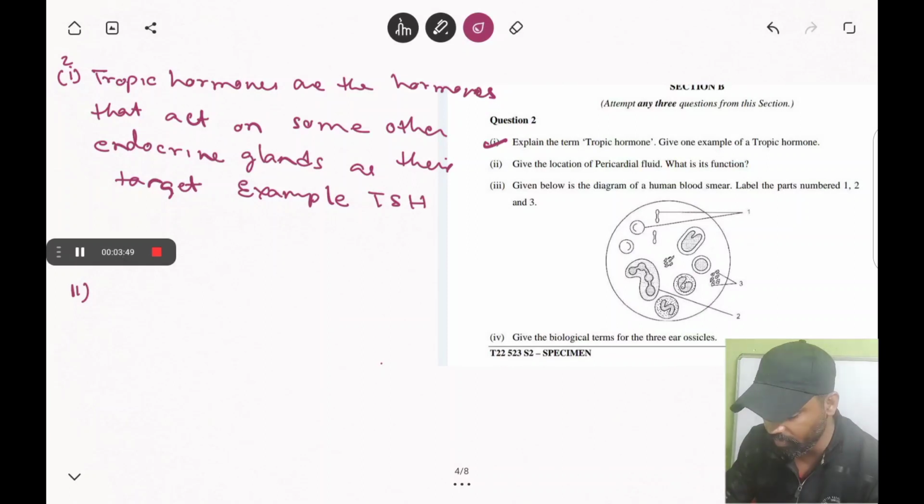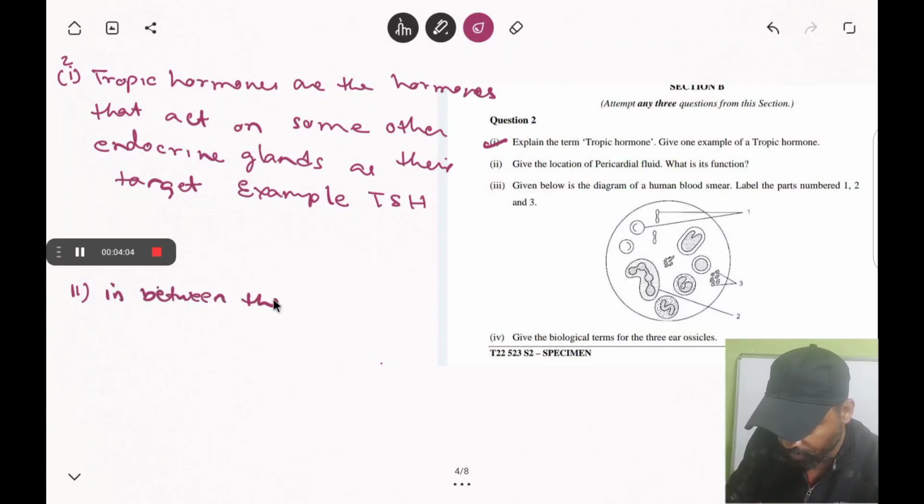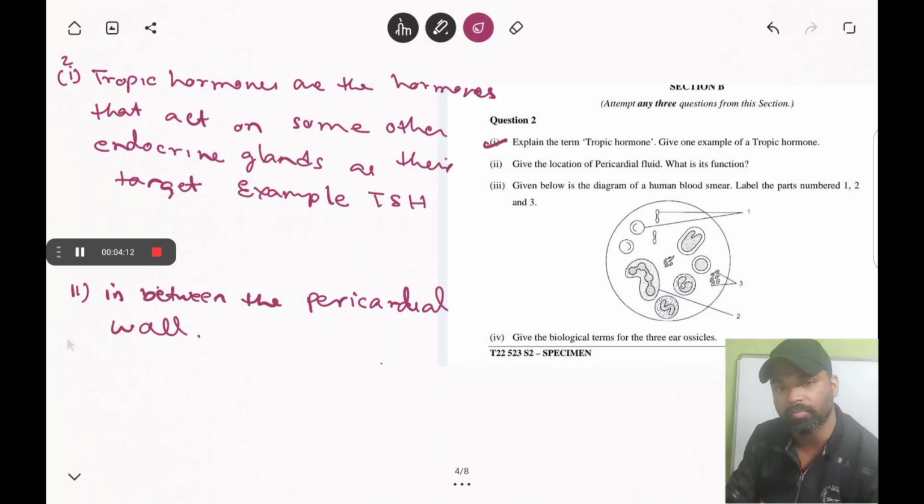Number 2. Give the location of pericardial fluid, where it is present. What is its function? First of all, the location. It is present in between the pericardial walls.